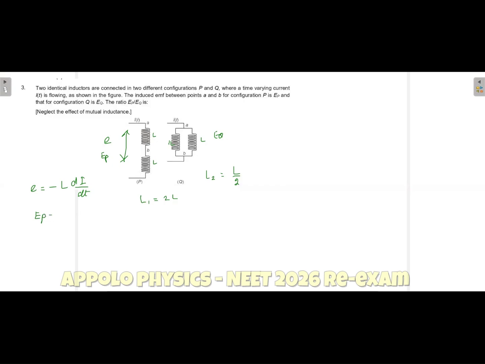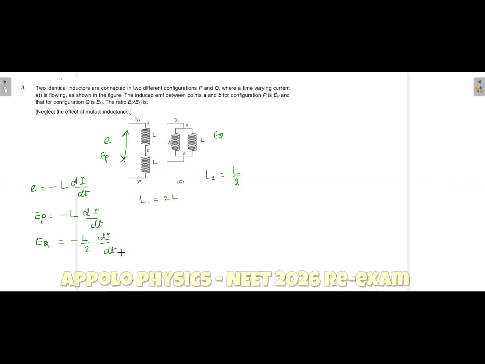EP will be equal to minus L into di by dt, where i is the current. This is the EMF induced in the first case. The EMF induced in the second case will be minus, where L was, we put L by 2, di by dt.